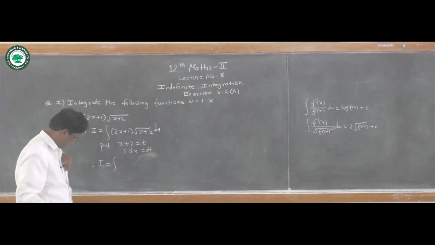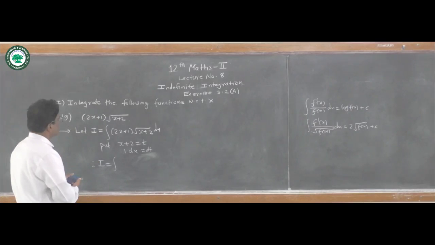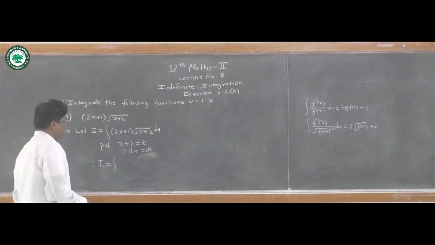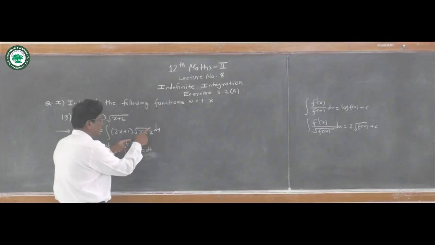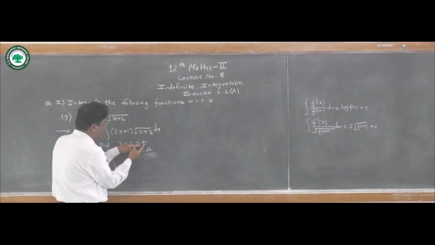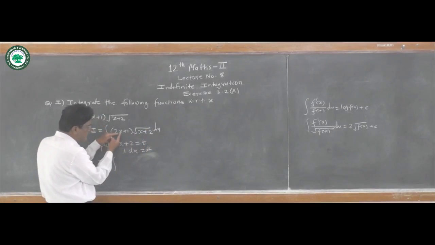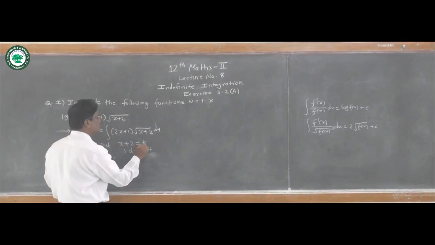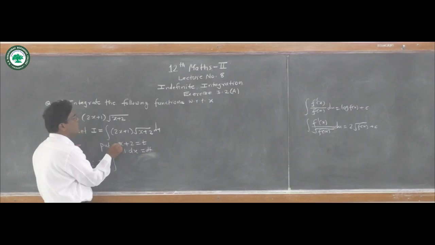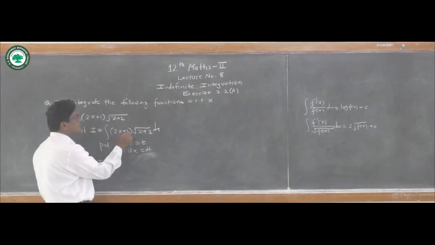Now we put root of x + 2 equal to t, and we have to replace x in terms of t.